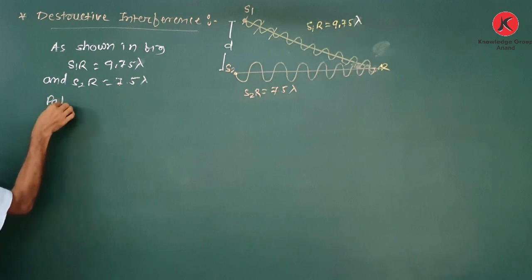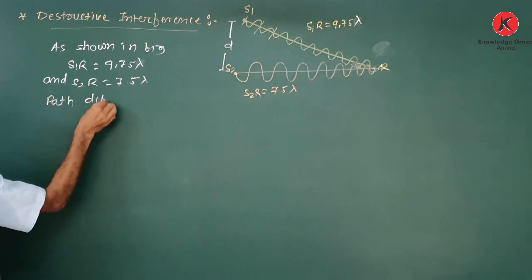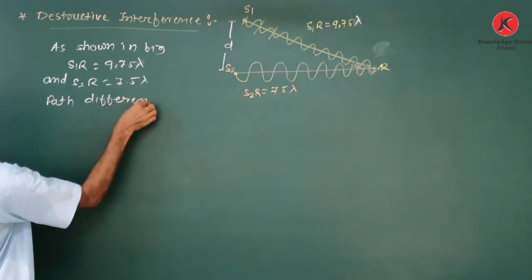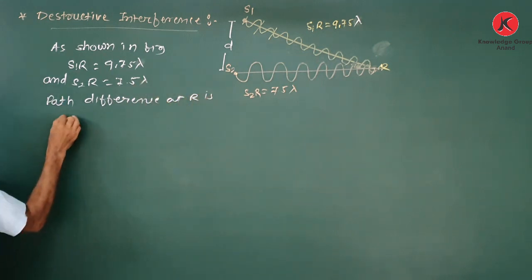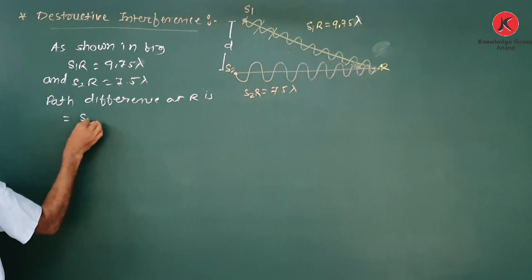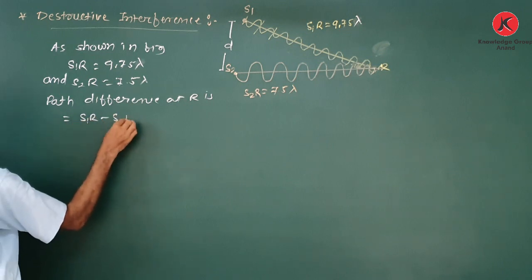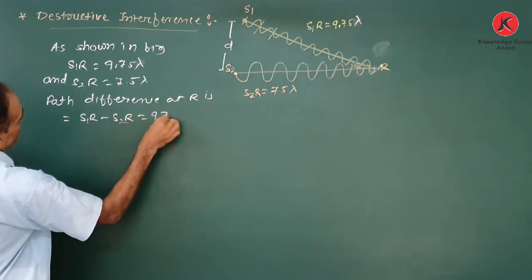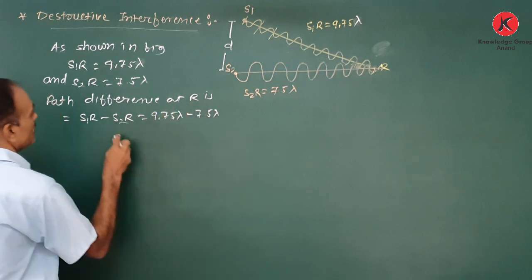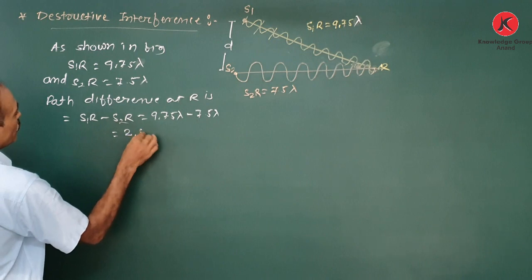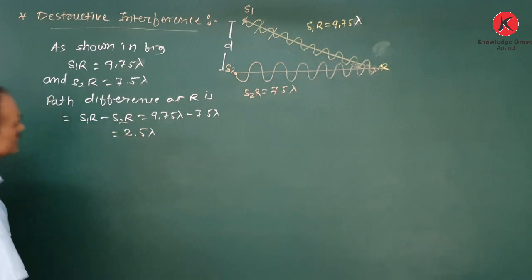Therefore, the path difference at R is equal to S1R minus S2R, 9.75 lambda minus 7.5 lambda, which is equal to 2.5 lambda.